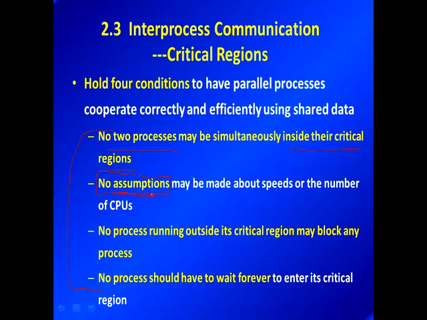No assumptions may be made about speeds or the number of CPUs. So you can't suppose there is only one CPU. It means a lot. If you suppose there is only one CPU, maybe you can make sure the other processes are not chosen by the scheduler to get into the CPU before a process gets out of its critical region, right?